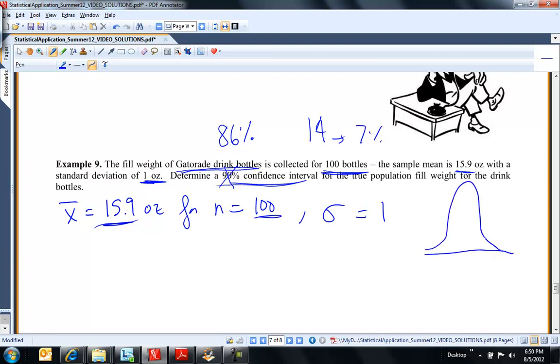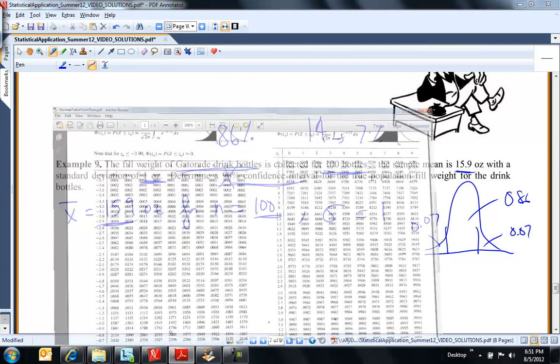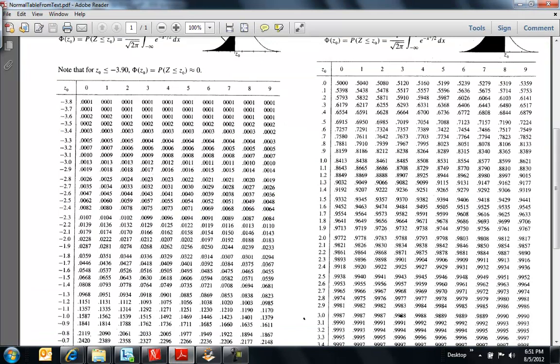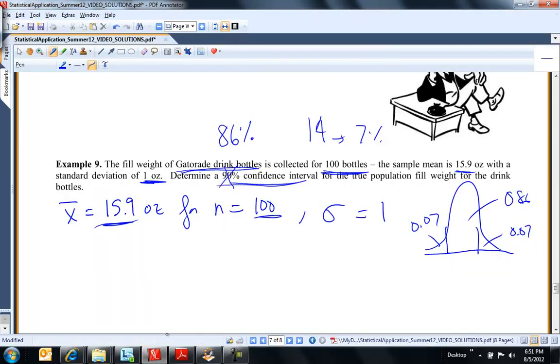If this is an 86% interval, I want to figure out what z has 0.07 in the tail. So let's go to our Z table. 0.07, it's kind of in here, right? Not perfect. It'll be 1.48. That's good. So this is negative 1.48 and 1.48.